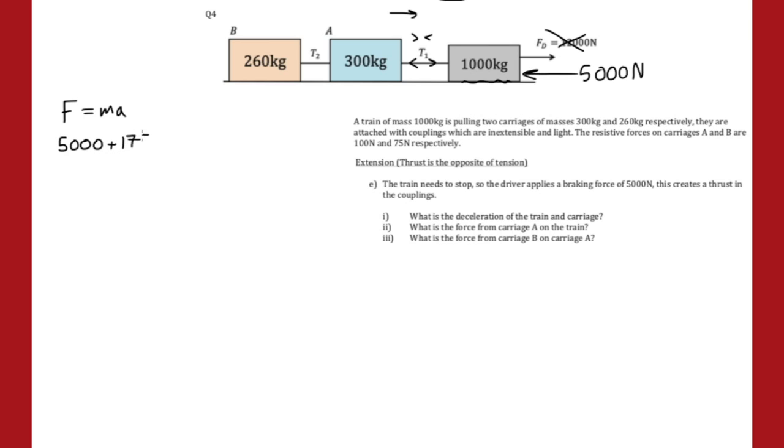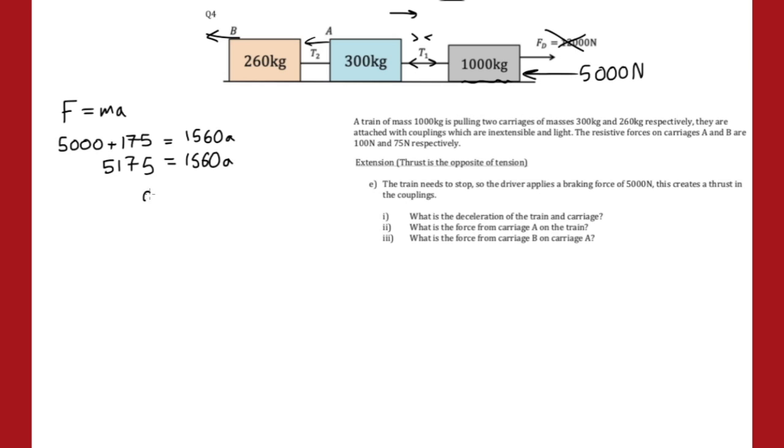Now it's plus because they're all acting in the same way now. They're acting to the left in this case. So the 5,000 is acting this way, so are these resistive forces. So our F is going to be 5,175. Okay, the overall mass is 1,560, and the acceleration is A.